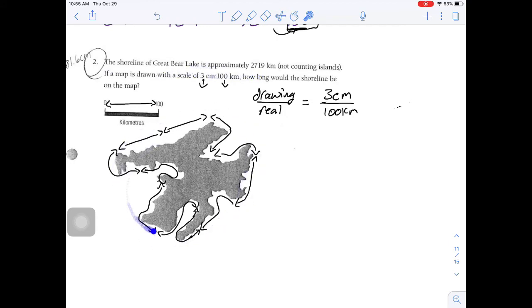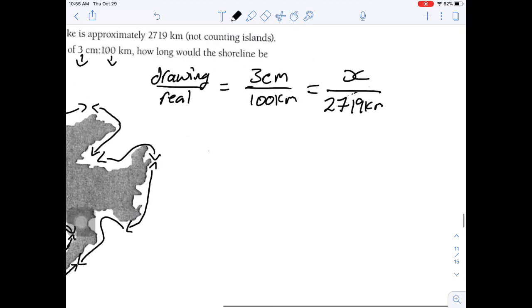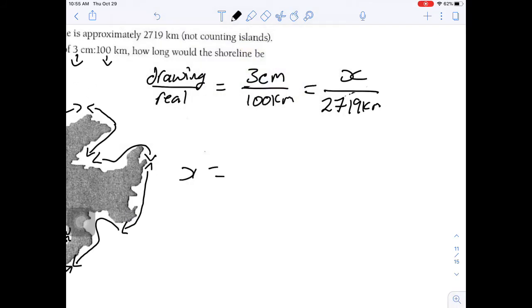So this is just a visual. So here, we simply have to plug this in on the bottom because it is the real life distance, and you're solving for X, how large it should be on your map. So X equals 3 times 2,719 divided by 100.